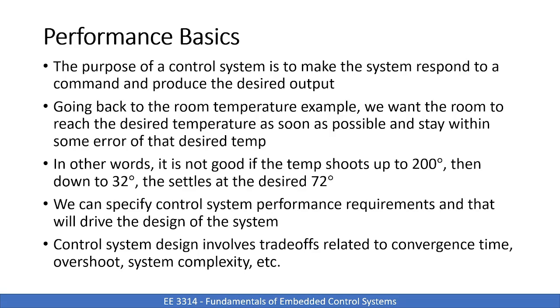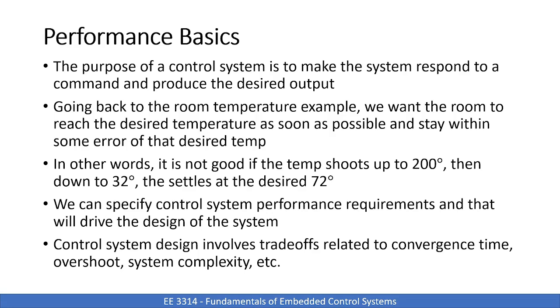So, in all applications, there are some bounds that we would find reasonable for performance. Obviously, if it shoots up to 200 degrees, it's going to roast everybody. So, not really a great solution. In that type of control system, we would have some requirements for overshoot, right?